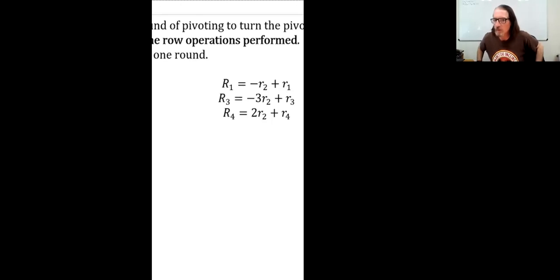Okay, so we've done the row operation on row 1. Now we need to take -3 times row 2 and add it to row 3 to get a new row 3, followed by +2 times the row 2 plus the old row 4 to get a new row 4.